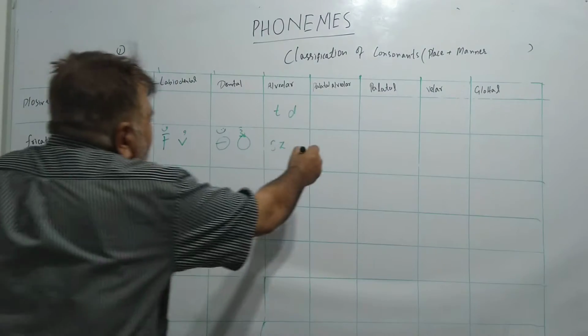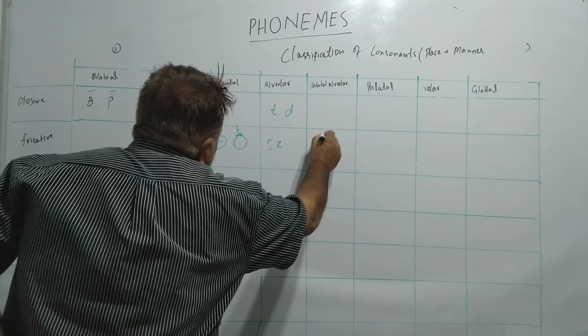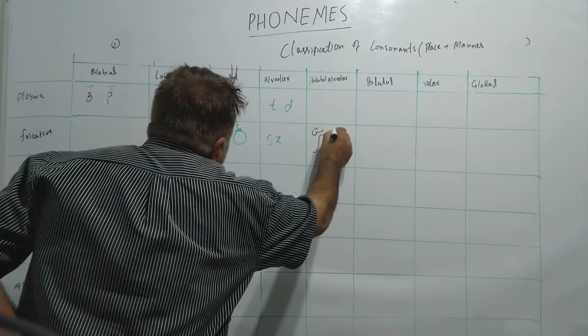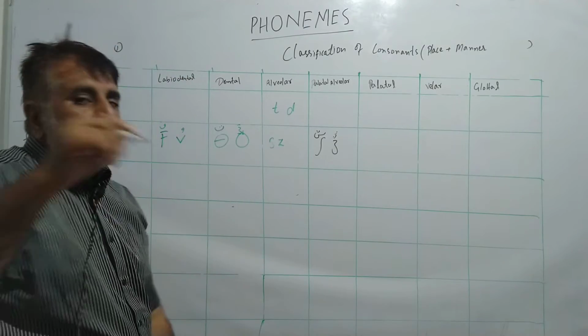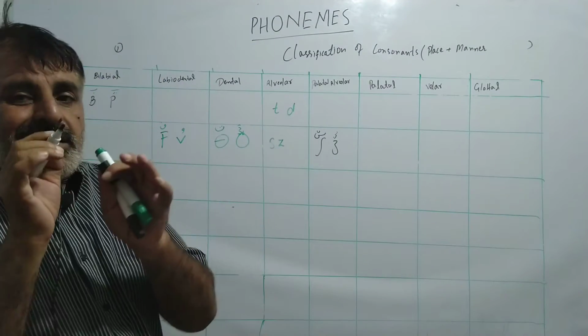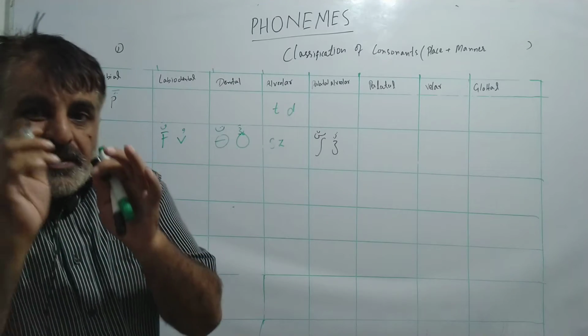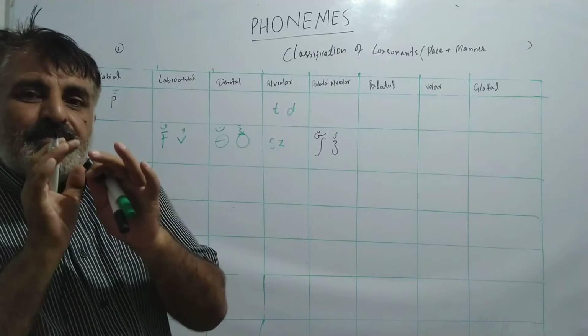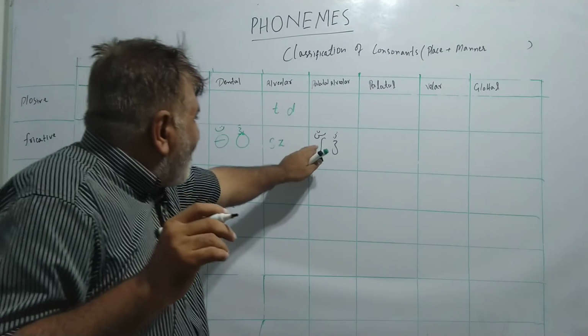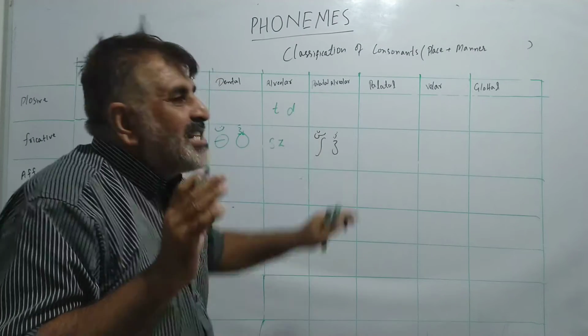So for sha and ja, these are palatal alveolar. This is the place of articulation of the sha and ja sounds.